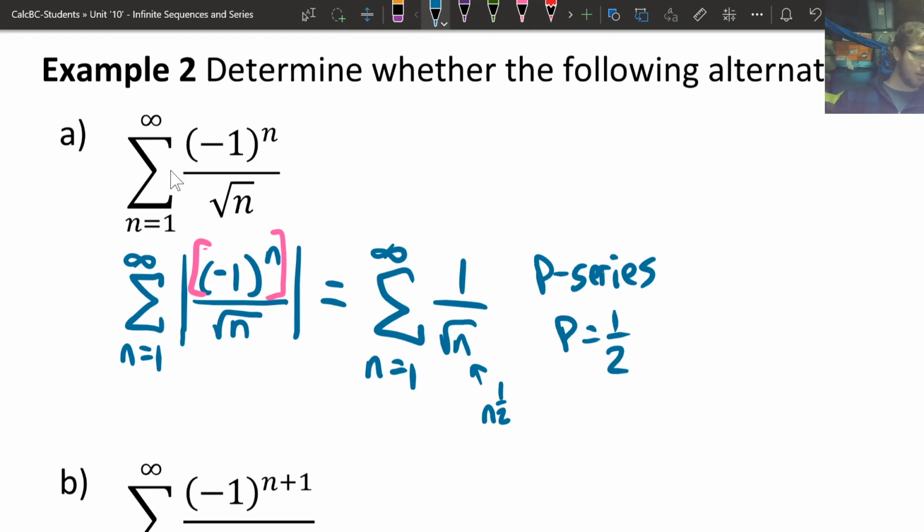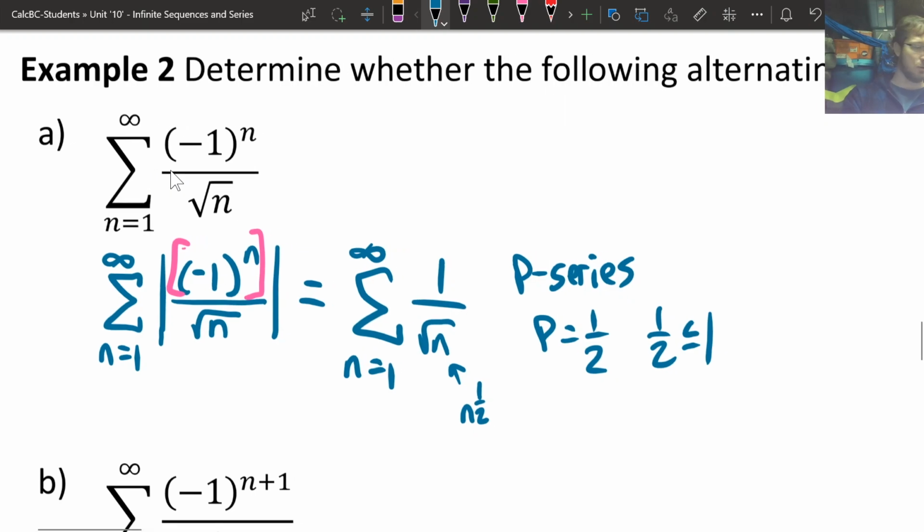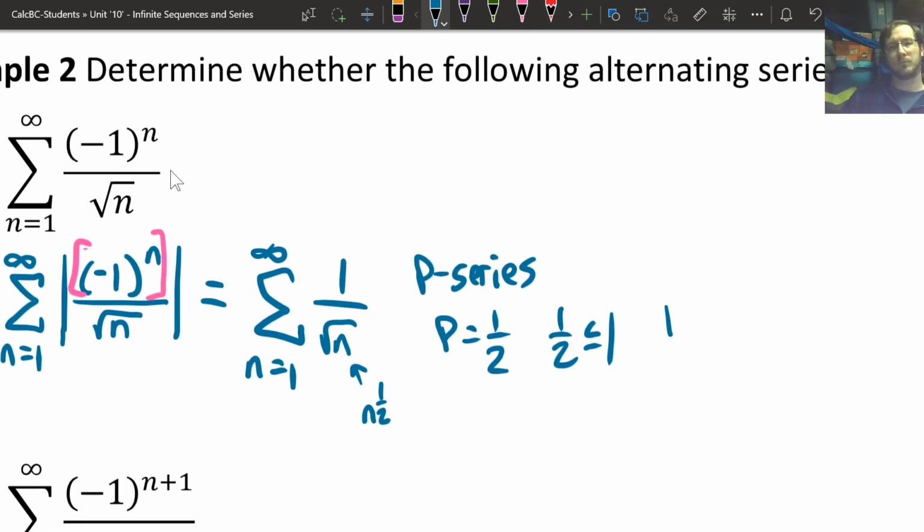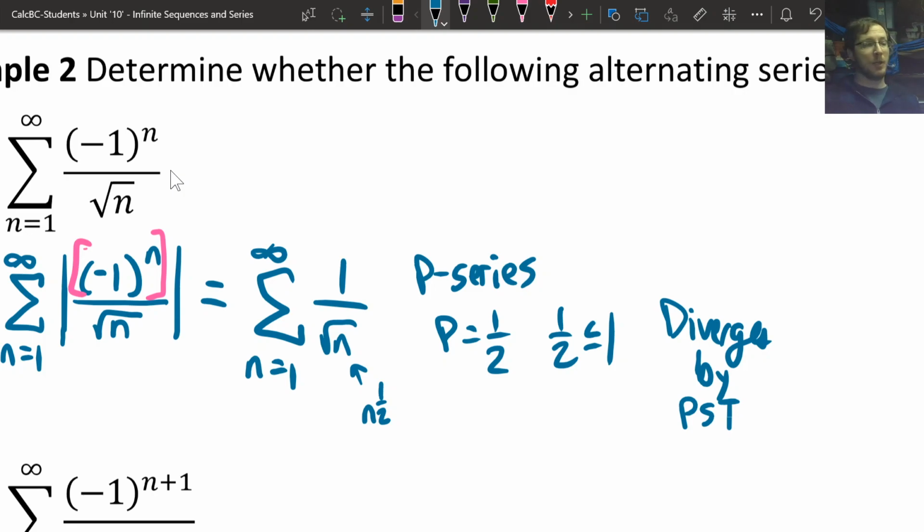That means that since p is less than or equal to 1, it's going to diverge by the p-series test. So we know it's not absolute convergence. That would need to converge for it to be absolute. So what that means is we do need to test the original.